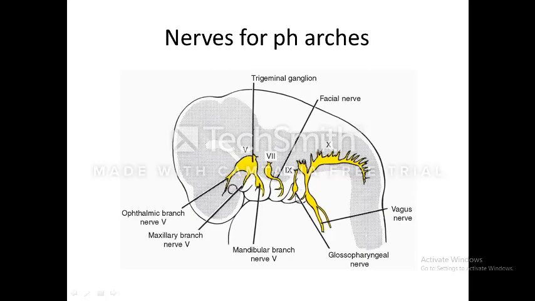The third pharyngeal arch is supplied by the ninth cranial nerve, the glossopharyngeal nerve, and the fourth and sixth pharyngeal arches are innervated by the 10th cranial nerve, the vagus nerve. قلنا بعدين راح نشوف vagus nerve راح ينقسم إلى two parts, a superior laryngeal nerve and a recurrent laryngeal nerve.